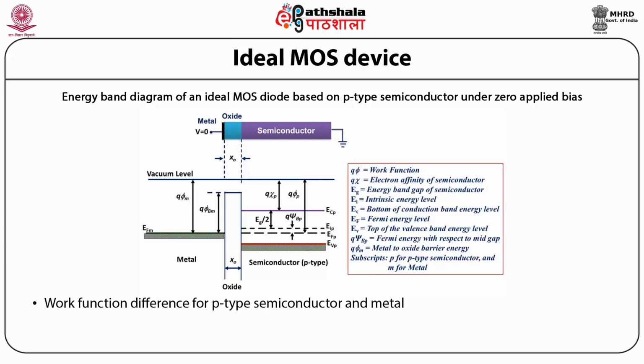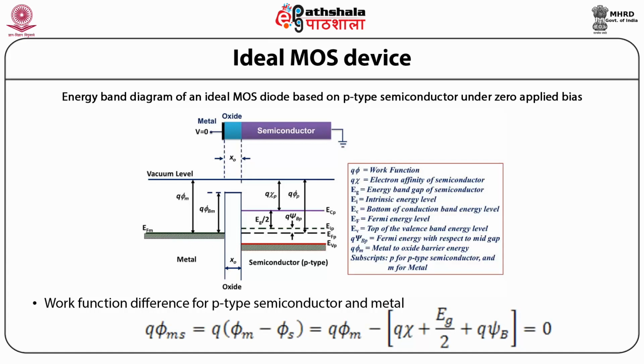Thus, the work function difference for a p-type semiconductor can be expressed as qφms = q(φm − φs) = qφm − q(χ + Eg/2 + ψBp) = 0.